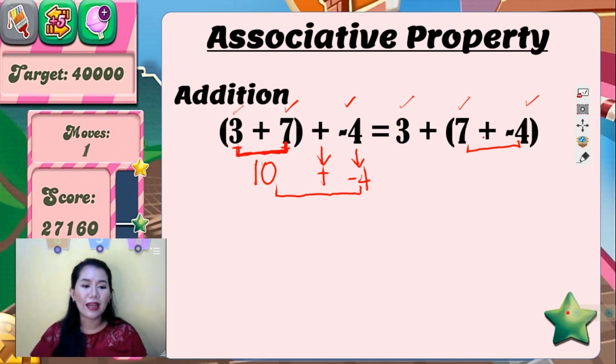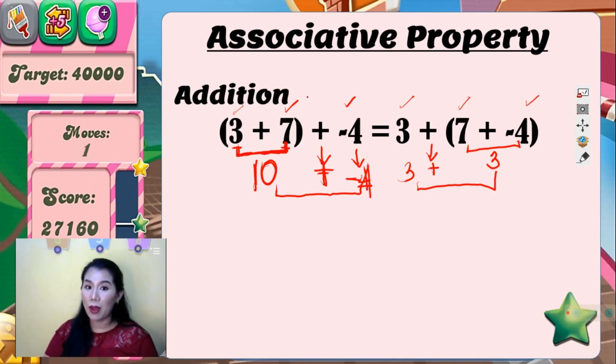Okay, check natin. 7 plus negative 4 is equal to positive 3. Recall, addition of integers. Tapos, kokopyahin ko lang din yung plus, and then yung 3. Check natin kung pareha sila ng sagot, ha? Ayan. 10 plus negative 4. You see that?